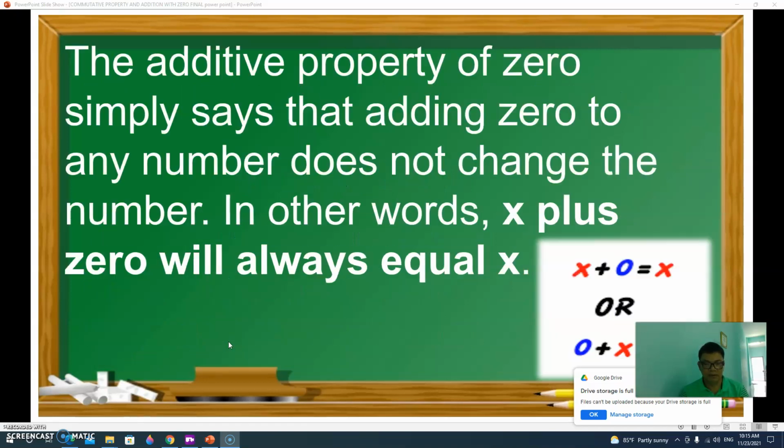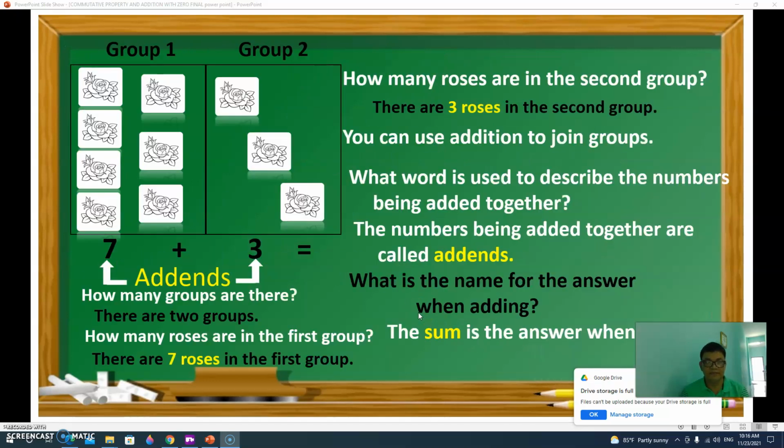The additive property of 0 simply says that adding 0 to any number does not change the number. In other words, x plus 0 will always equal x, or 0 plus x is equal to x.